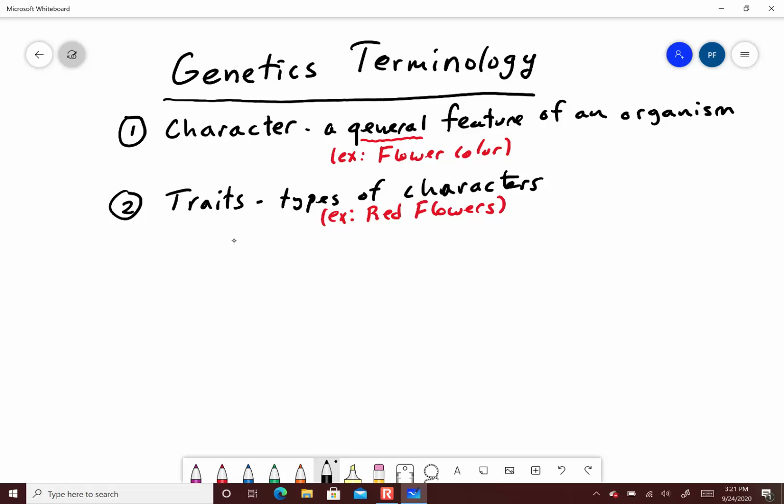Now we're saying this plant has red flowers, so we know the specific kind of trait that plant is going to have. When we look at genetics crosses, we're going to see both of those. We'll often talk about this is the character we're following, the general feature we're looking at, and then these are the specific traits. So in this kind of plant, maybe we have red flowers and white flowers and pink flowers. Those are the kinds of traits we could see for that character.